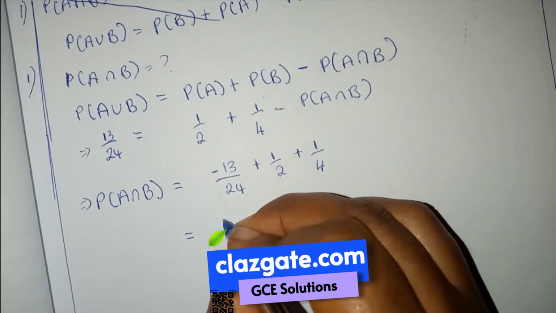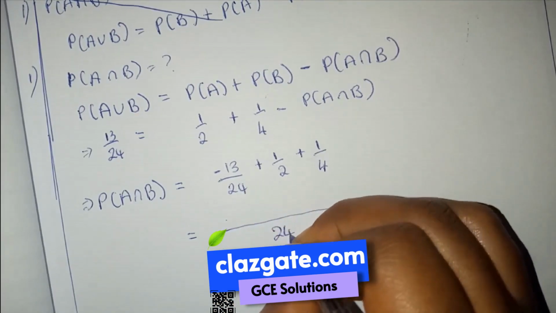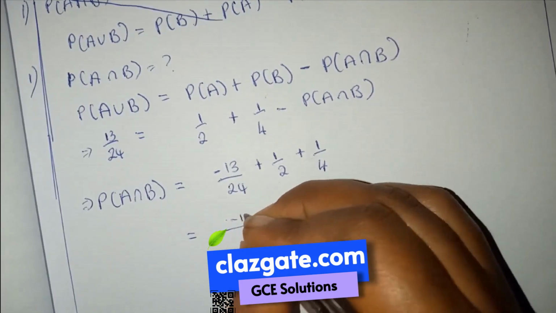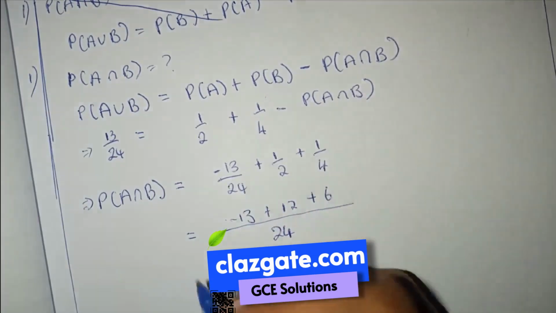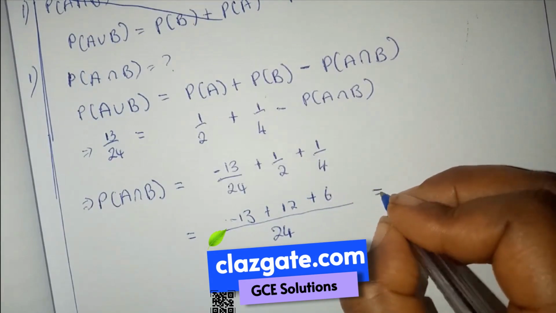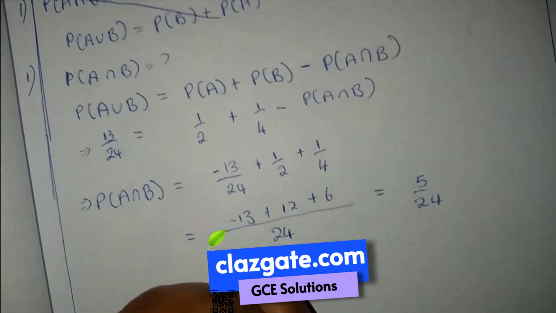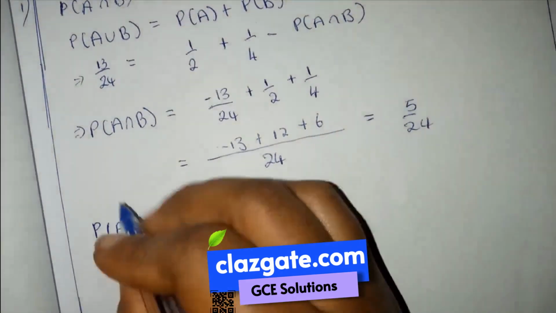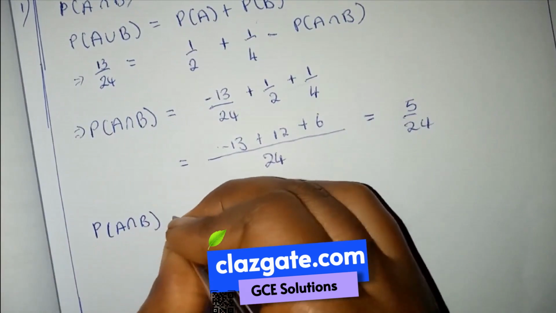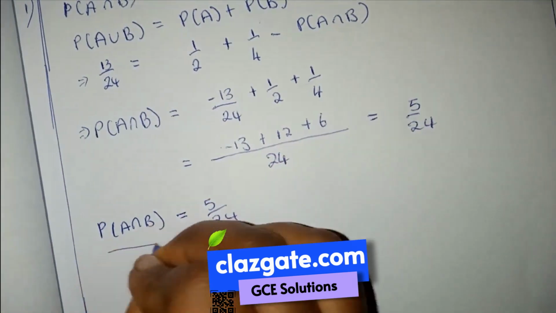When you add all of these terms, our LCM is 24, we have -13, this will be 12, and this will be 6. So add all of this, our answer is 5 on 24. So the probability of A intersection B is the same as 5 on 24.